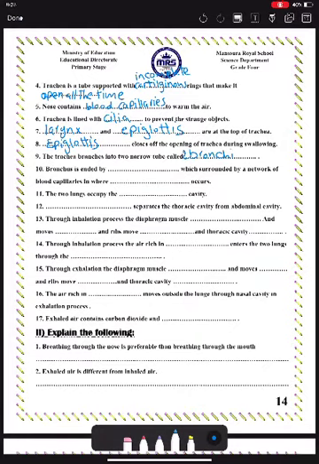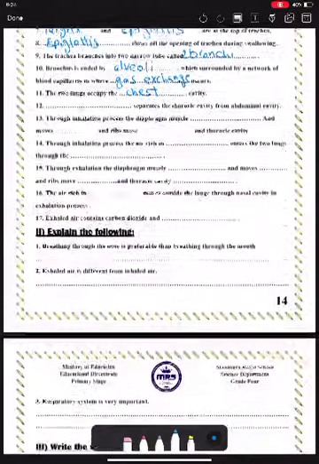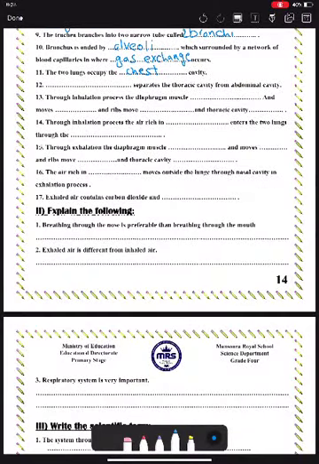Bronchus is ended by alveoli, which is surrounded by a network of blood capillaries, in where gas exchange occurs. The two lungs occupy the chest cavity or thoracic cavity. Diaphragm separates the thoracic cavity from the abdominal cavity.